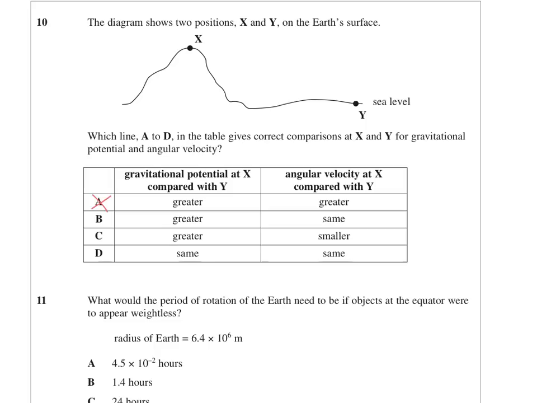It's eliminating these other ones, because it would have to be the same. Potential at x compared with y, so x is further away from the centre of the Earth, so it's going to have a bigger gravitational potential compared with that of y.